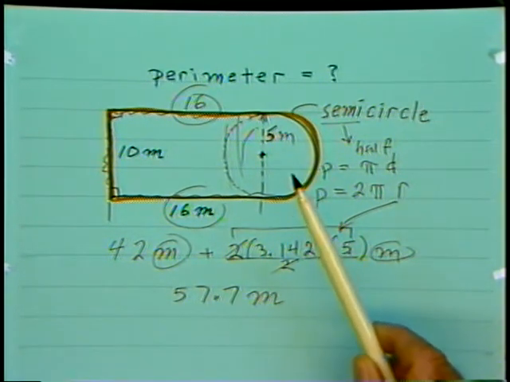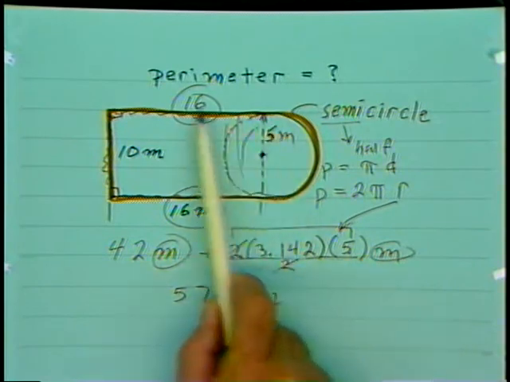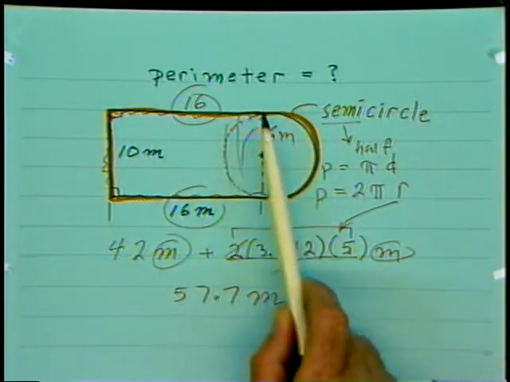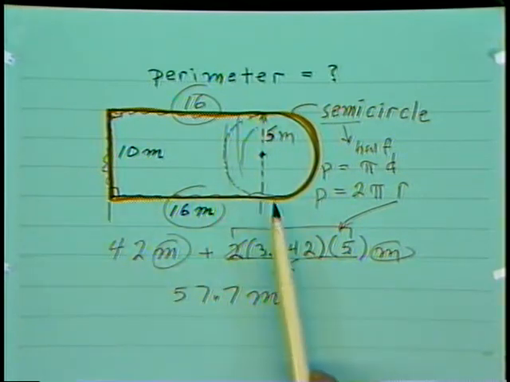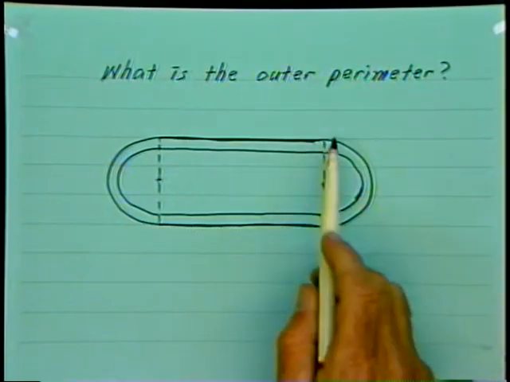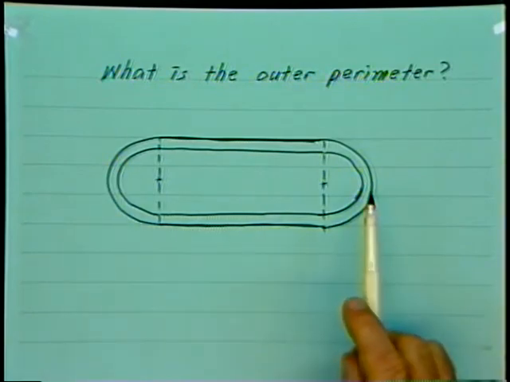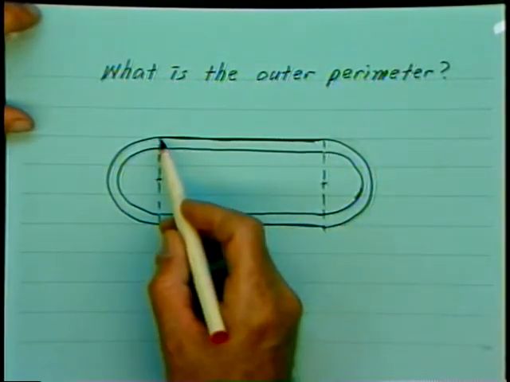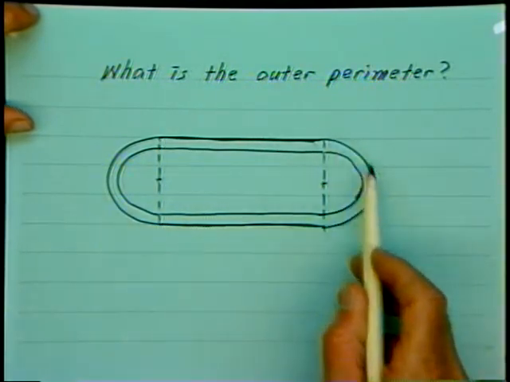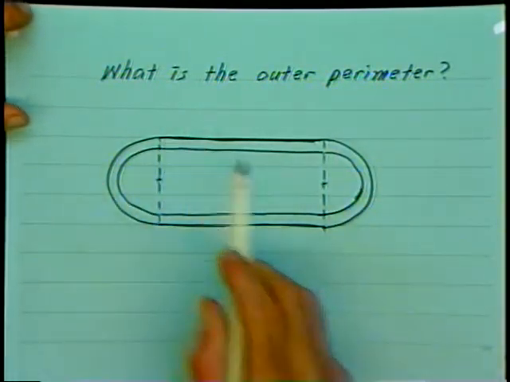Another point we're trying to make here is that simple rectangles or circles don't appear by themselves as a rule in architecture and drafting. There are many, many combinations of them. Let's show another problem. Here is an athletic field, and we need to know what the outer perimeter is. Of course, outer perimeter means the distance around the outside.